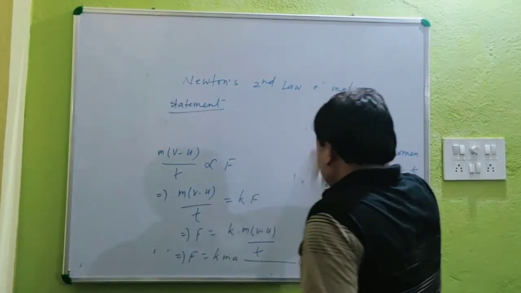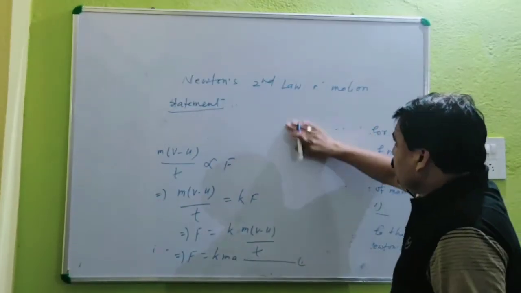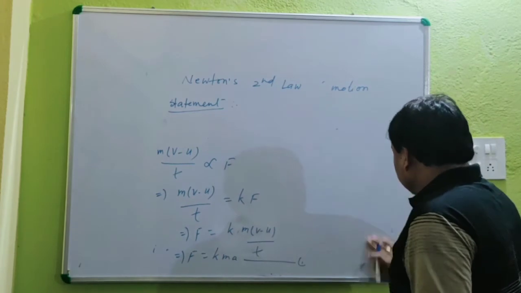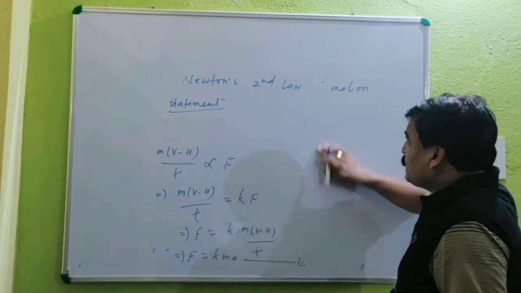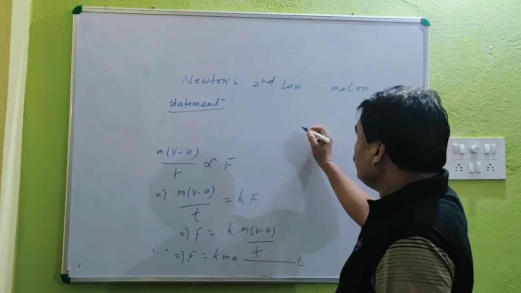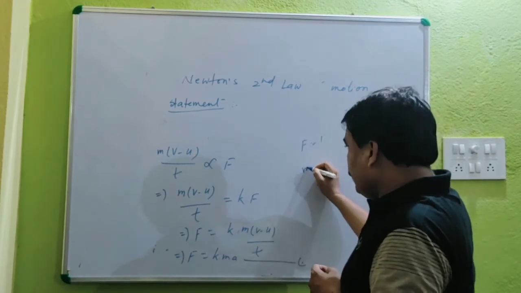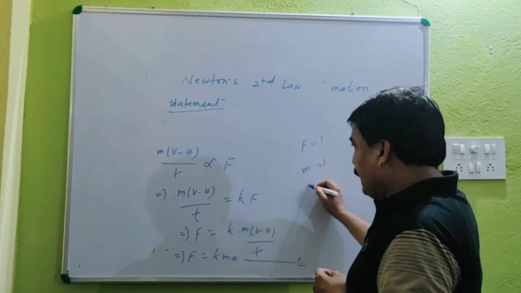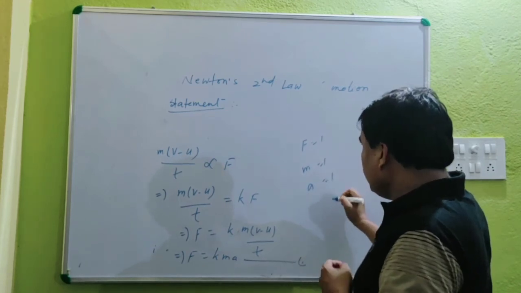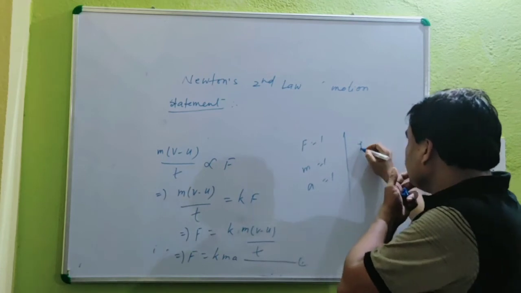From this equation we can put k equal to 1 when F equal to 1, m equal to 1 and a equal to 1.